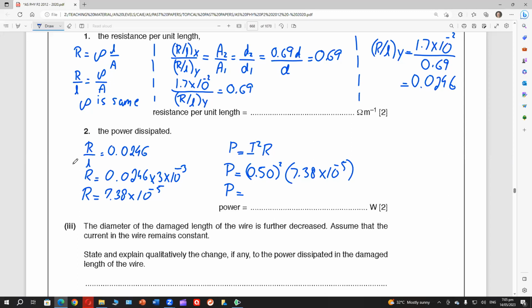Ali, can you hear me? Yes, I can hear you. It is 1.85 to 10 power minus 5. Can you hear me now? Somehow I cannot hear you. If you can hear me, you can update me on the chat somehow.